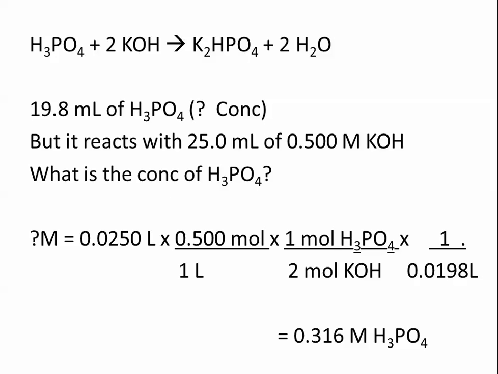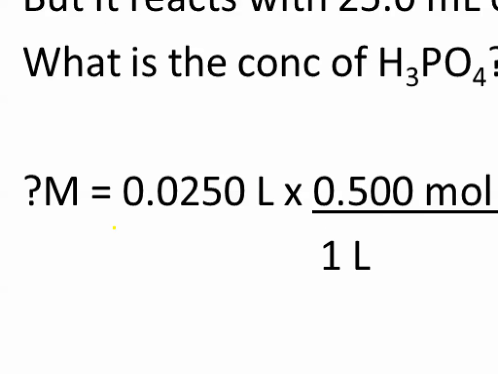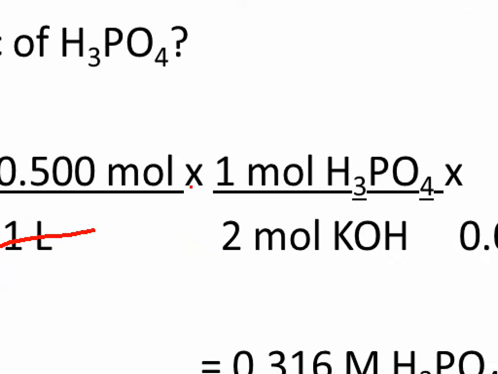So let's take a look at what that looks like. You can see here that I have taken the initial volume, and again I multiplied it by the concentration, but instead of putting capital M, I put moles per liter, so that cancels the liters off. Then, again for space reasons, I did not say moles of what, which is a big no-no. You need to make sure that you put moles of what. In this case, it's KOH.